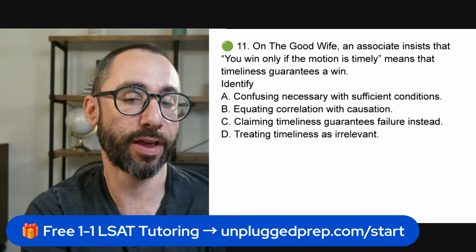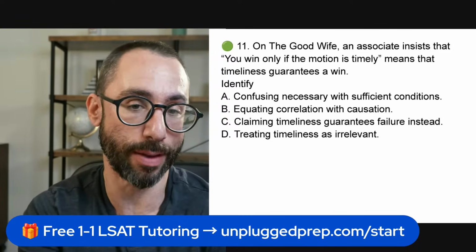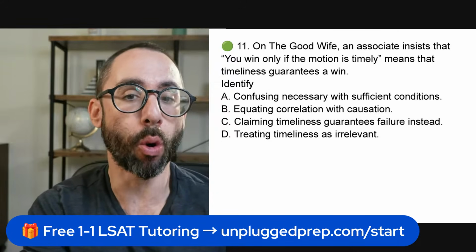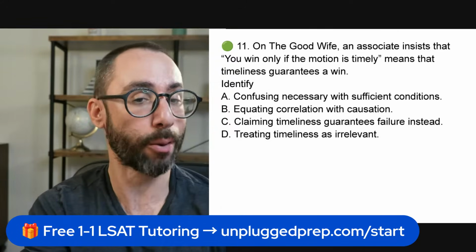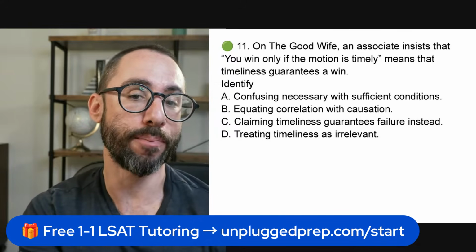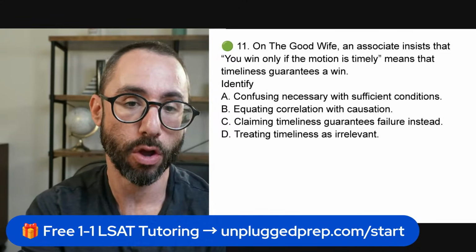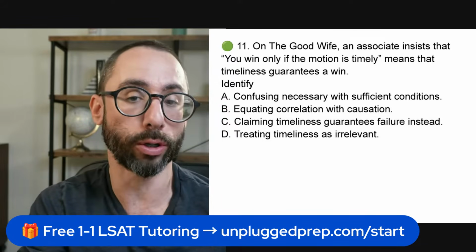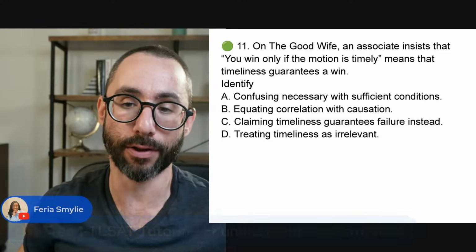But we didn't just have a mere association between two things in the quoted statement. The quoted statement, you win only if timely, is actually a conditional itself, meaning that our given statement is stronger than being just an association. It is an actual conditional itself. So we don't have any mere correlation here. We're dealing with conditionals all throughout. And so yes, the answer is A.